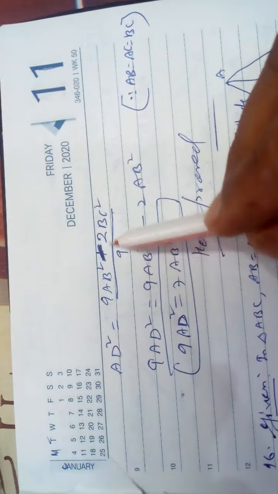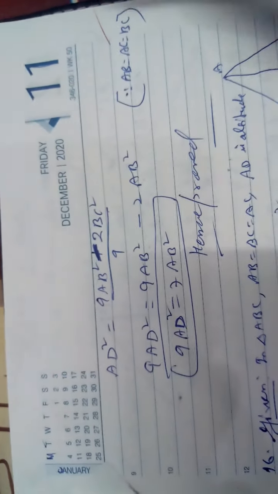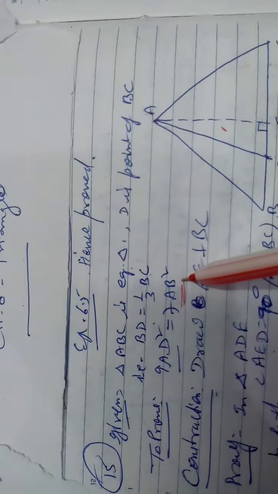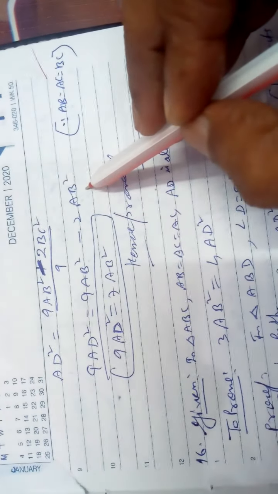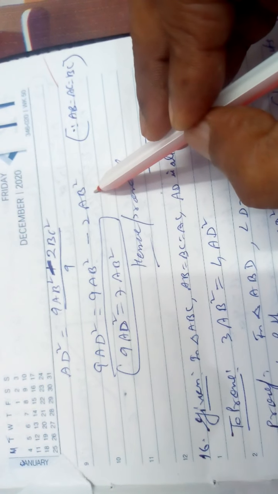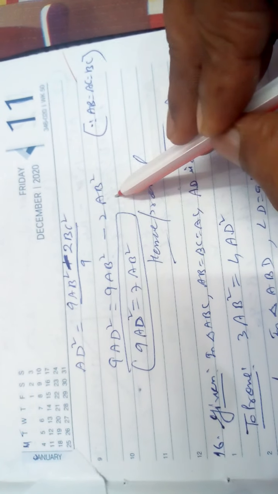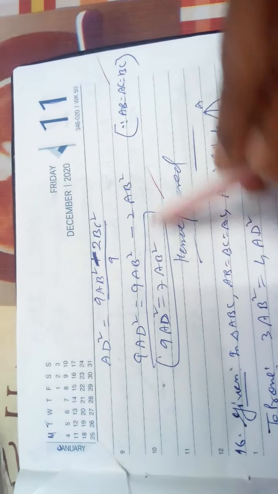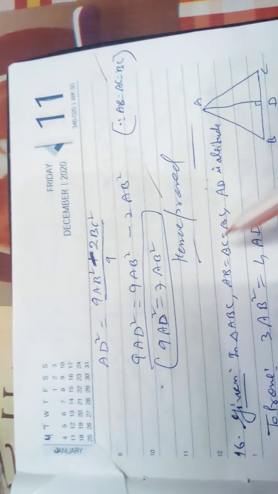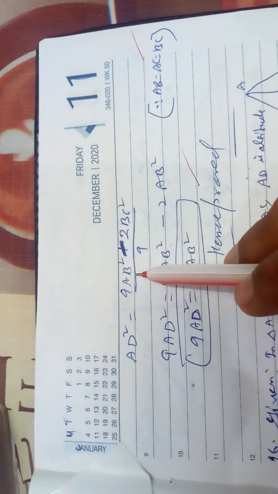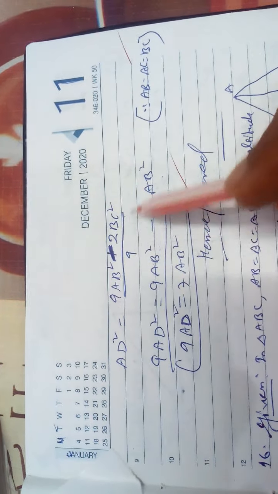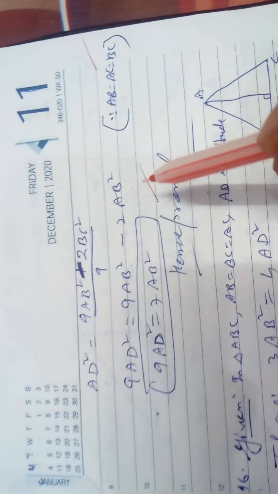But now, because of the equilateral triangle all the sides are equal and you want to prove in terms of AB, so in place of BC you write AB. So 9AB square minus 2AB square gives you 7AB square. 9 minus 2 is 7. So 9AD square is equal to 7AB square, hence proved. Because all the sides are equal, AB and BC are replaced.